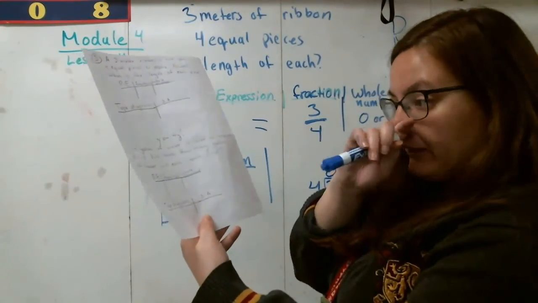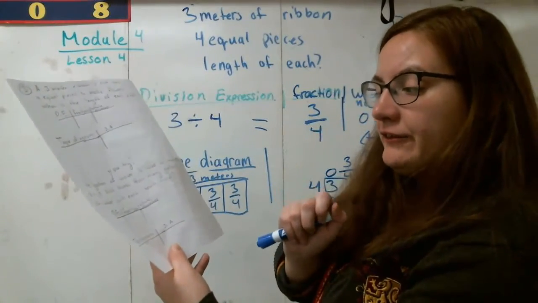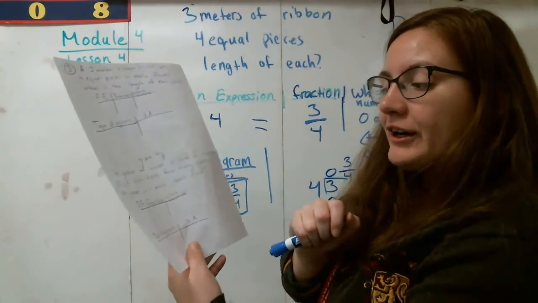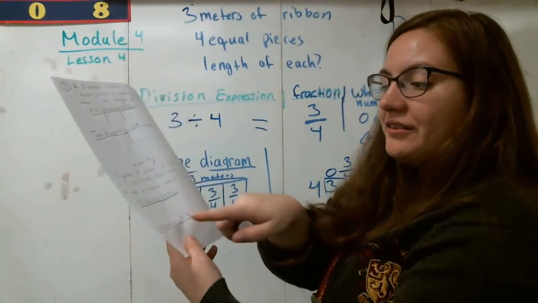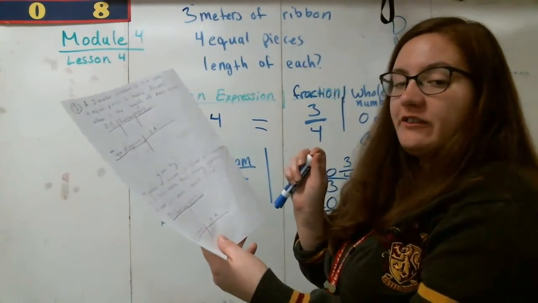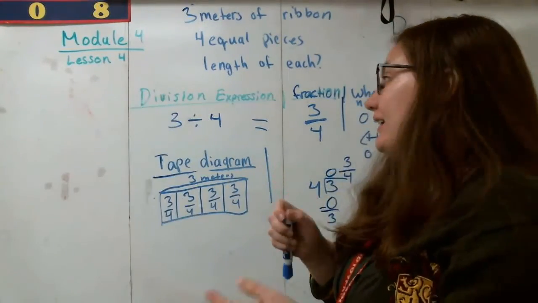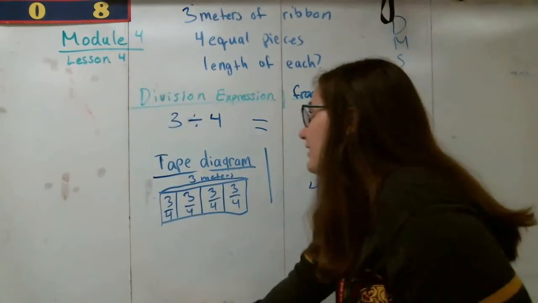For this next problem, it says 14 gallons of water is used to completely fill 3 fish tanks. How many gallons of water will each tank hold? So wherever you see DE, that's where I'm asking for a division expression. So your division expression is going to be 14 divided by 3. And I'm going to give you a little hint on this one.